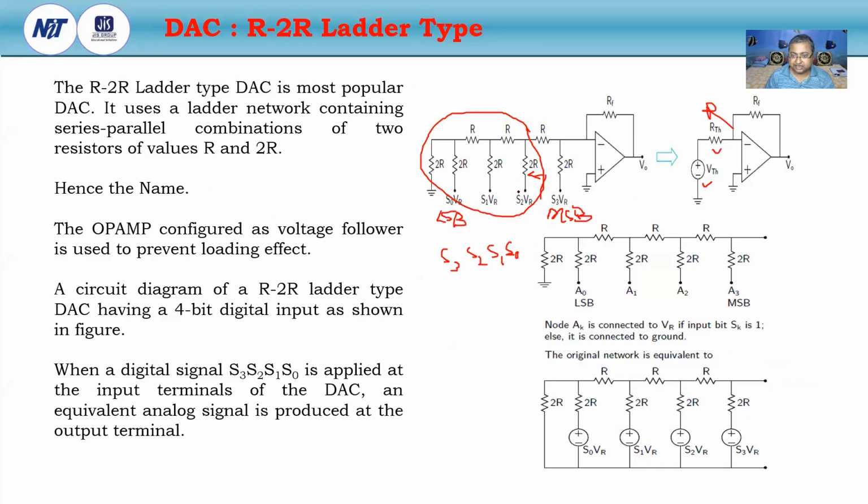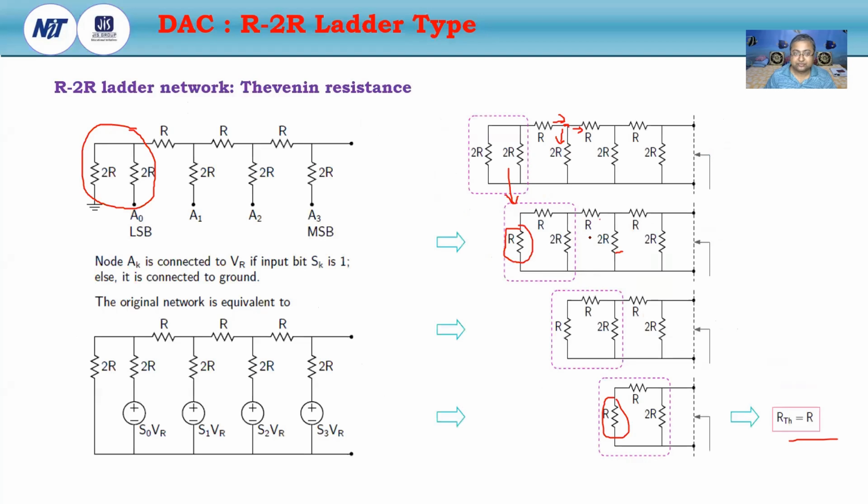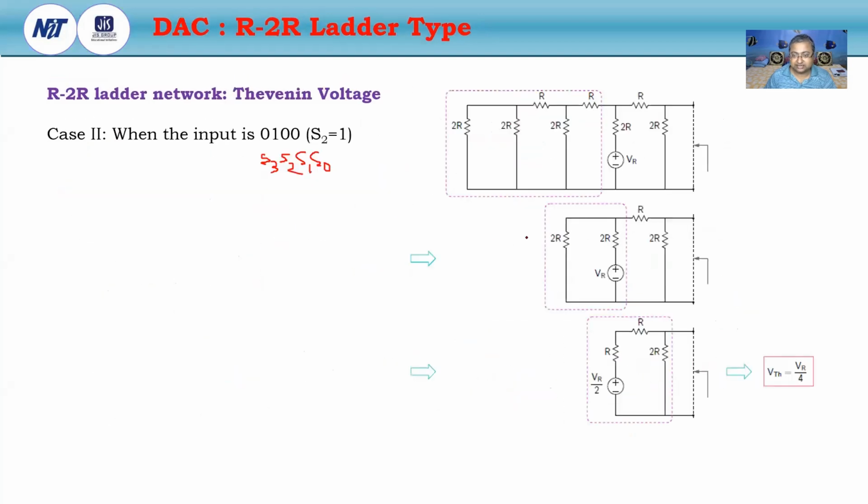This is S2 VR, that means 1, connected with the VR. This will be 0, this will be 0, and this is the 2R. So the R here will be the Thevenin resistance. So what is the Thevenin resistance? That is R.